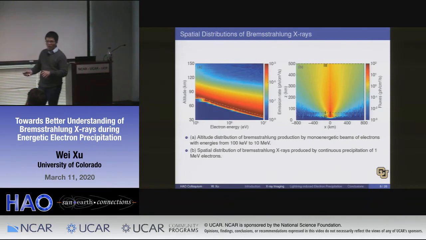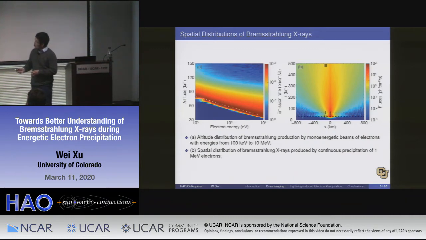The simulation results of Bremsstrahlung transport are shown in the red panel. This figure specifically shows the spatial distribution of X-rays produced by continuous precipitation of 1 MeV electrons, and which is a slice of the results here.